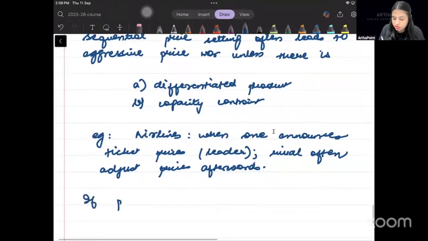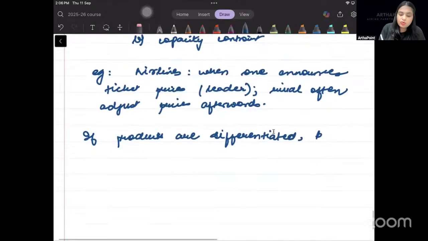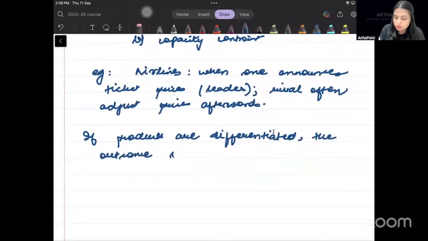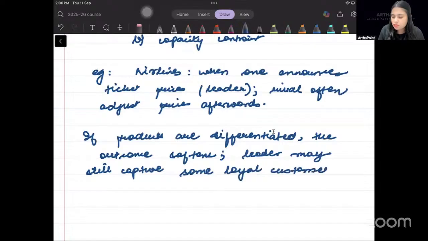If products are differentiated, the outcome softens. Leader may still capture some loyal customers at high price.